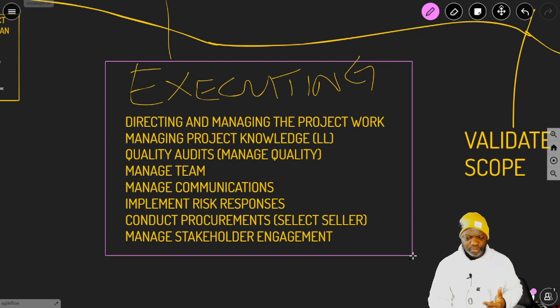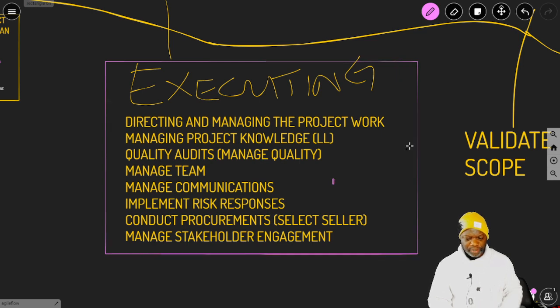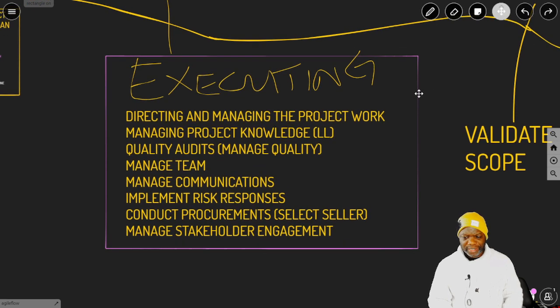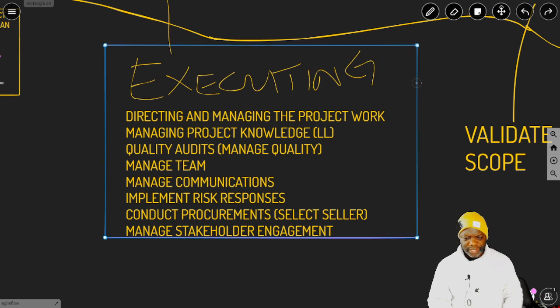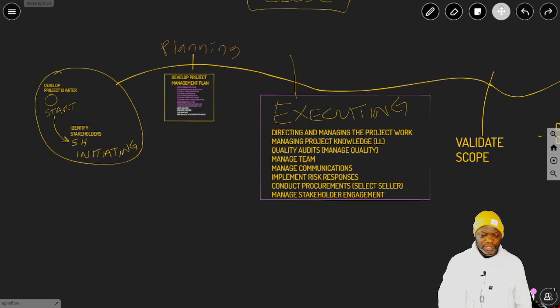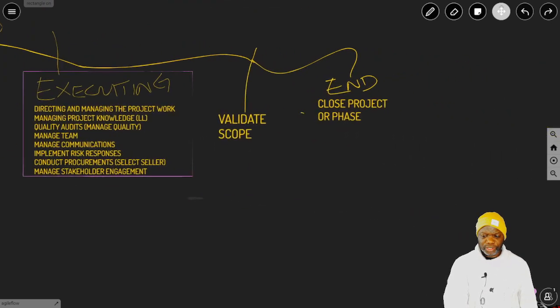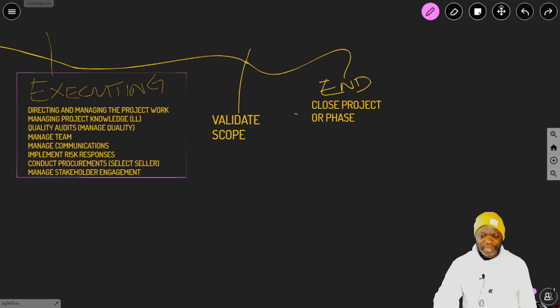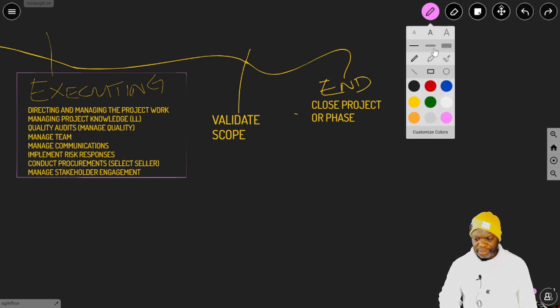All right, that's the big picture. This big picture is meant to help people who want to know where the PMBOK ends quick without spending minutes on end, right? Within 15 minutes, hopefully, I'll send you on your merry way and you'll be done. All right, so you can see we have initiating, planning, executing, and then monitoring and controlling is big. And this is where I'm going to insert something here.